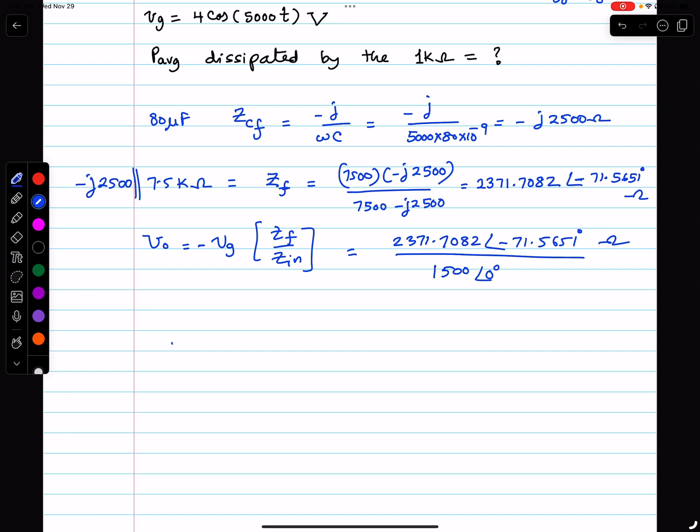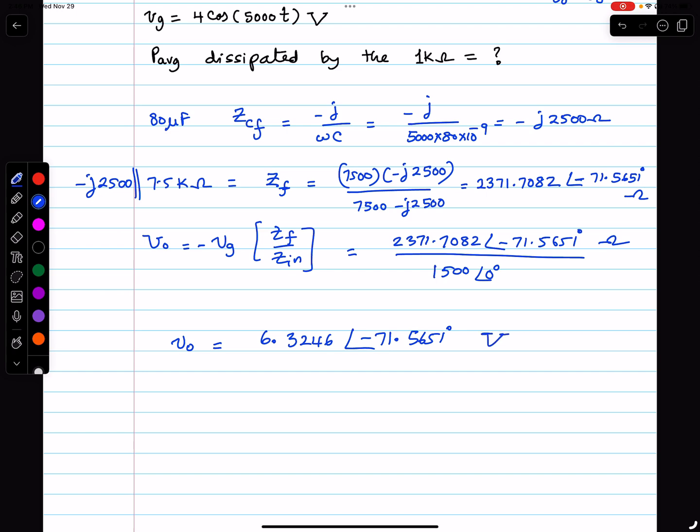So all of this, V output therefore, comes out to be 6.3246 angle negative 71.5651 degrees, and it's in volts.